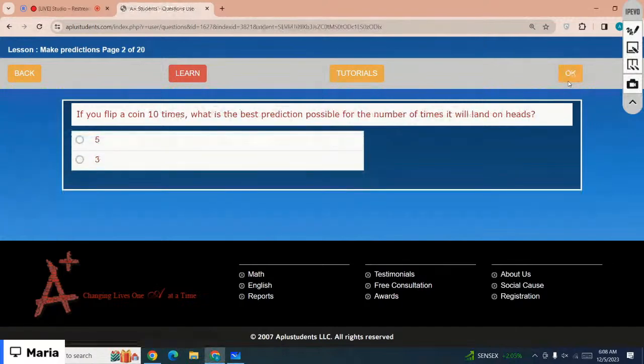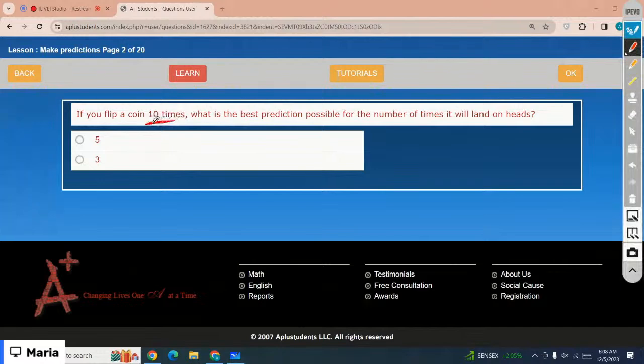The next one is, if you flip a coin 10 times, what is the best prediction possible for the number of times it will land on head? The probability of head is 1 out of 2, since you have only 2 options, either head or tail.